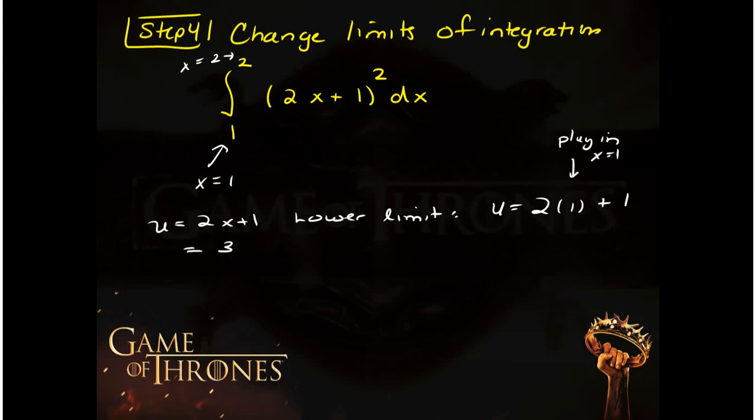Those limits are in terms of x's, so you want to change those limits so they're in terms of u. And how you do that is my transformation is u equals 2x plus 1. That was my u that I set up. It was the inside stuff. So this is just a reminder of what that was. The lower limit is found by plugging in your lower limit of x, which was x equals 1, inside that u, and you get a new lower limit that's u equals 3.